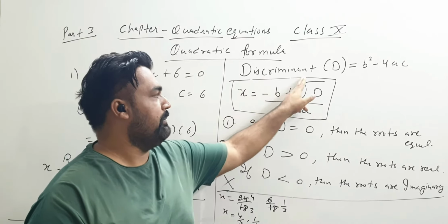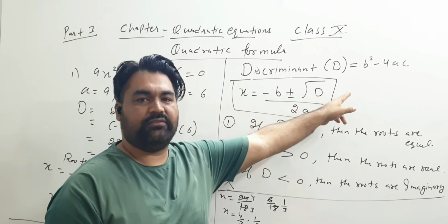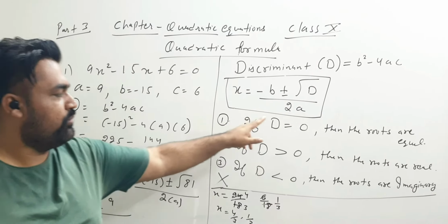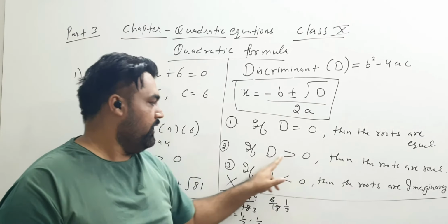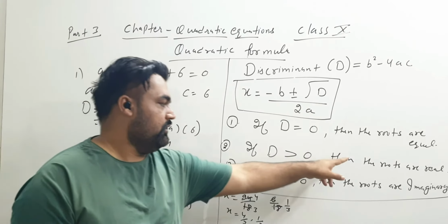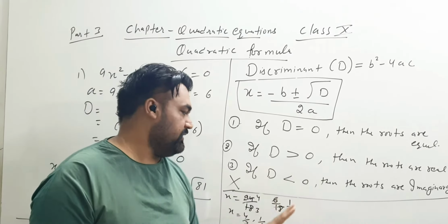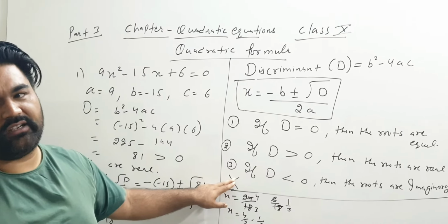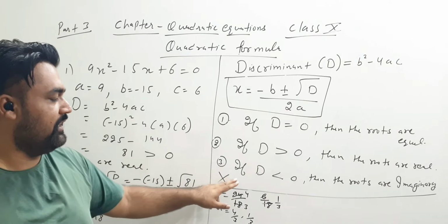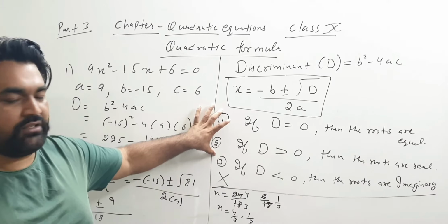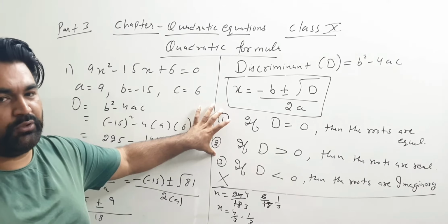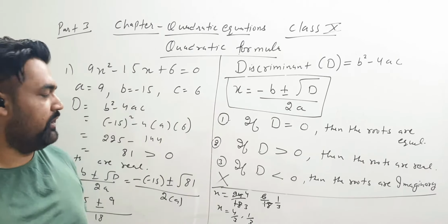D means discriminant. The value of d is b square minus 4ac. If d equals 0, then the roots are equal. If d is greater than 0, then the roots are real. If d is less than 0, then the roots are imaginary. So in the third case, we can't find the roots if d is less than 0. But in the first two cases, it's possible to find the roots of the given equation.